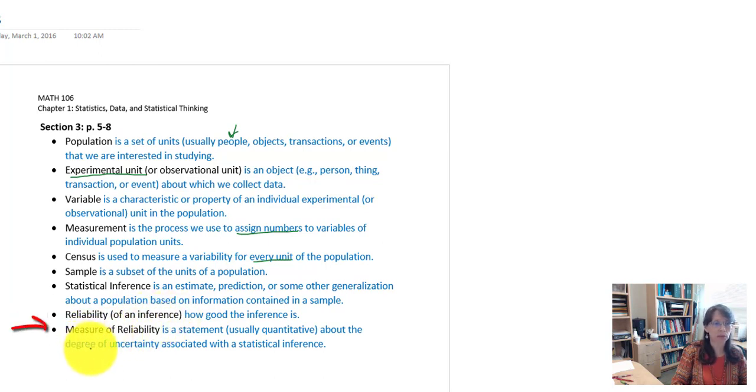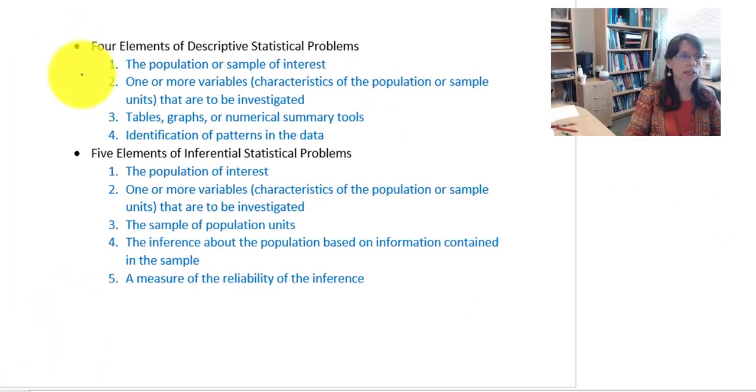A measure of reliability is a statement, usually quantitative in nature, about the degree of uncertainty associated with statistical inference. So it's important when we are collecting data and making any kind of an inference that we do have a measure of reliability.